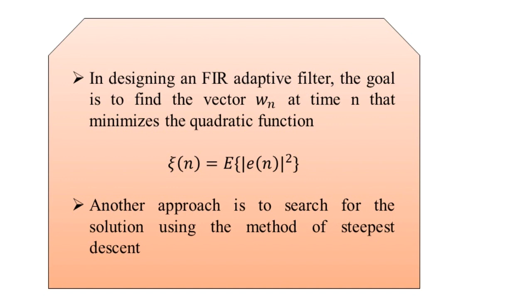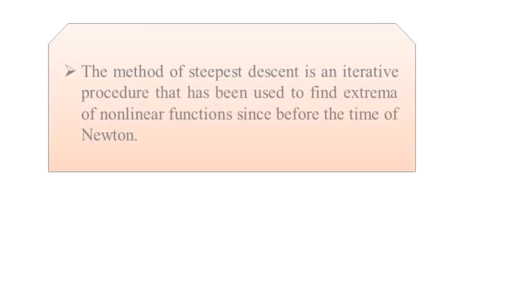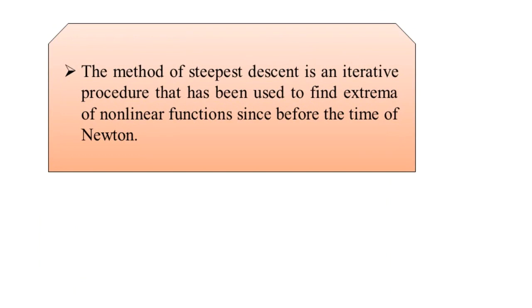Let us consider that w_n is an estimate of the vector that minimizes the mean square error, denoted by zeta of n at time n. At time n plus 1, a new estimate is formed by adding a correction to w_n that is designed to bring w_n closer to the desired solution. The correction involves taking a step size, represented by mu, in the direction of maximum descent down the quadratic error surface.